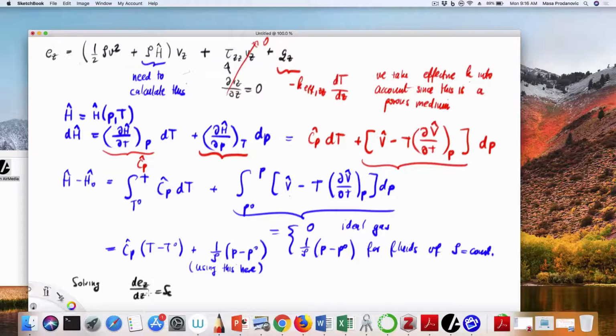So now let's get what dEz/dz is, on the next page.